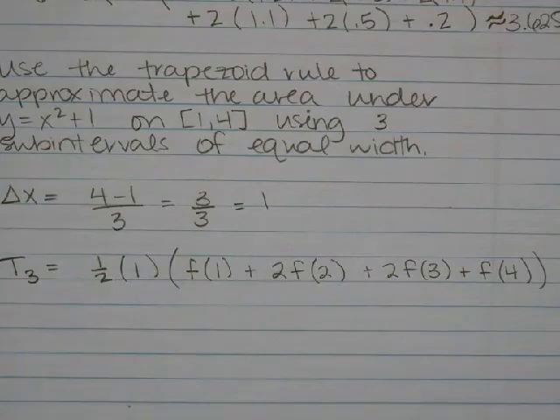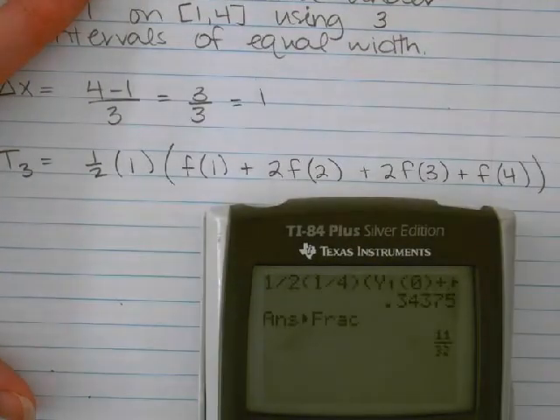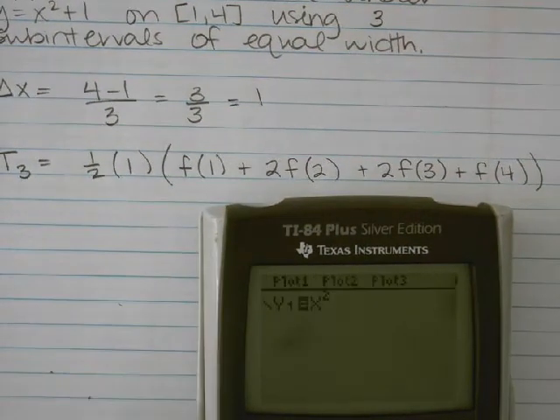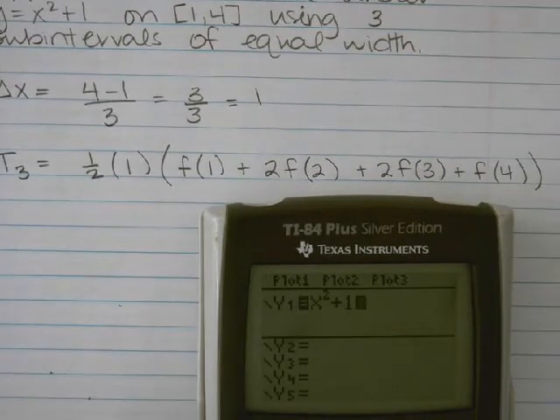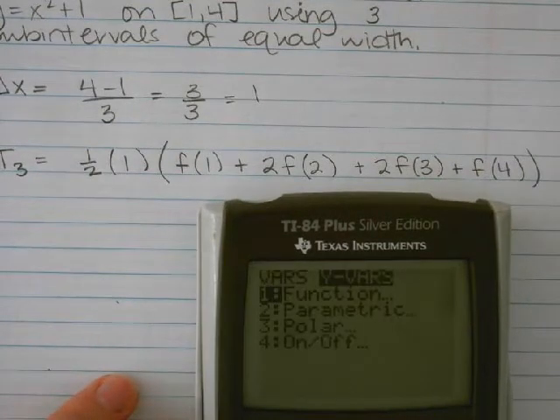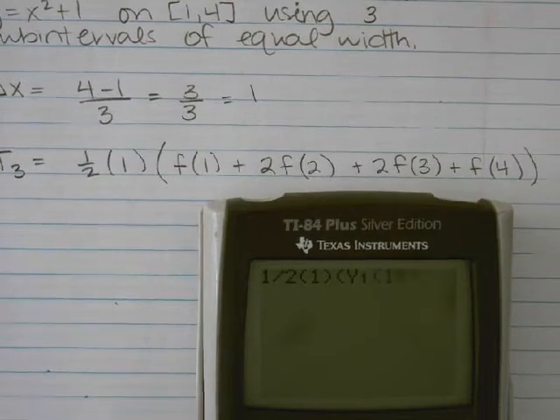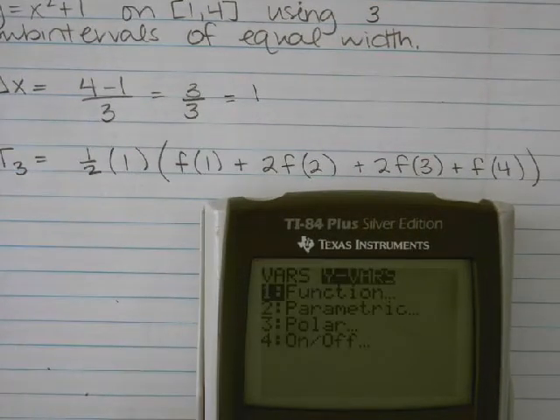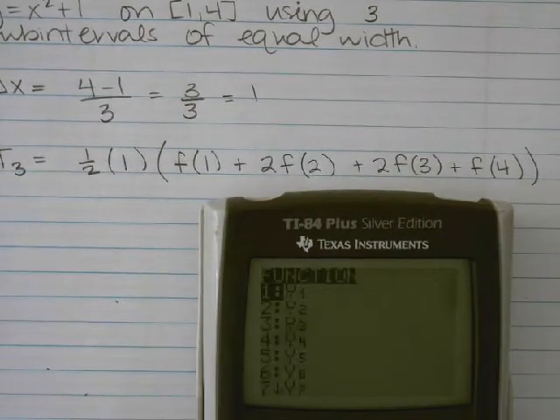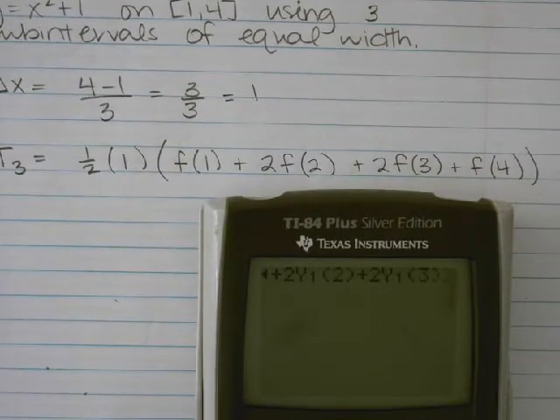And then we can go ahead and practice plugging this in, and if you have a graphing calculator at home, I do want you to practice to make sure that you're good at plugging these in. So times, and I guess I should plug this in, x squared plus 1. So now I've got the function evaluated at 1 plus 2 times the function evaluated at 2 plus 2 times the function evaluated at 3 plus the function evaluated at 4.